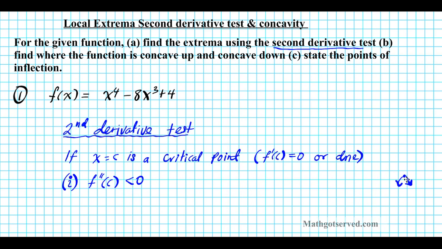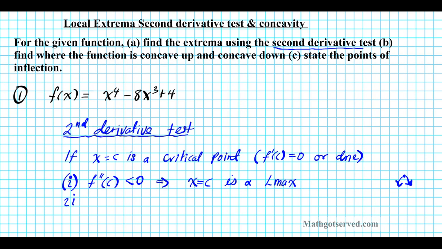So what kind of extrema is that? That implies that x equals c is a local maximum. So if the second derivative is less than 0 at a critical point, we have downward facing concavity, which means that we have a maximum at that critical point.